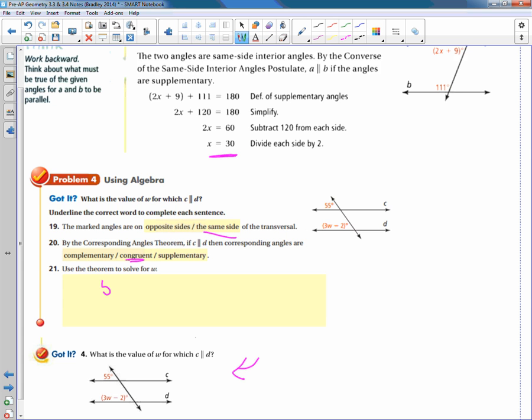So I would say that 55 equals 3W minus 2. Okay? 57 equals 3W, so W equals what? Is it 19? So in order for C to be parallel to D, the value of W would have to be 19.